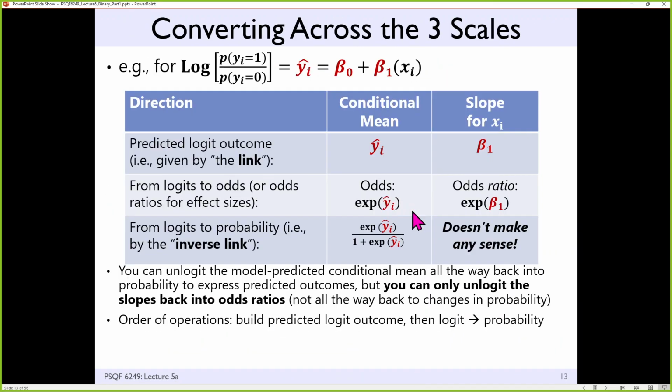So no unlogiting slopes to talk about probability. The order of operations is compute a predicted logit, then take that predicted logit and put it into probability. All of the pictures that I'm going to show you in the IRT unit are going to be in probability metric because they've all decided that that's how it works. And this is how I got there.